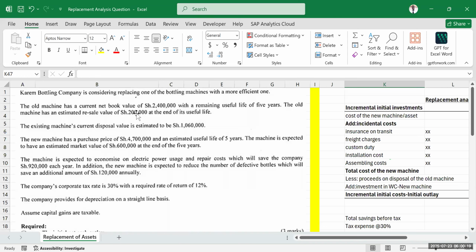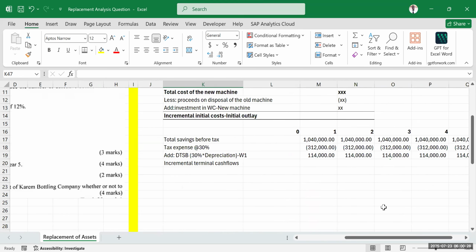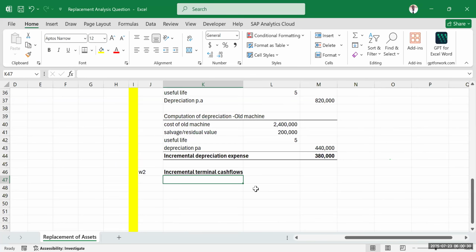So we need to compare the two, because we are comparing what we are getting from the old machine at the end and what we are getting from the new machine at the end, so that we see the difference in that incremental terminal cash flow. We have to get the net effect.